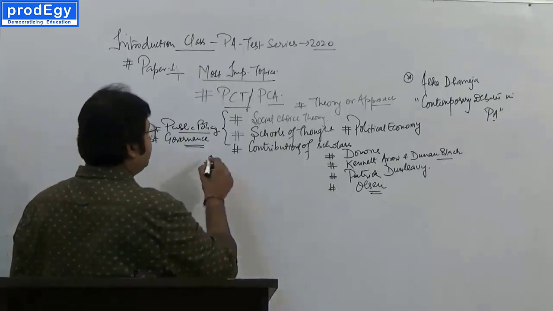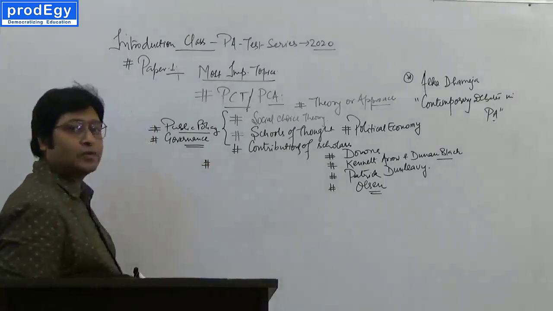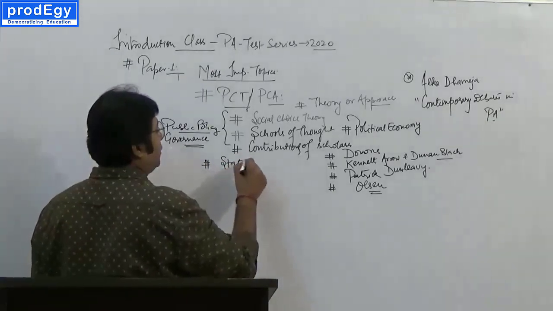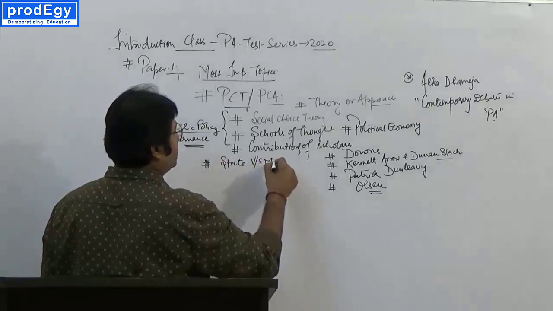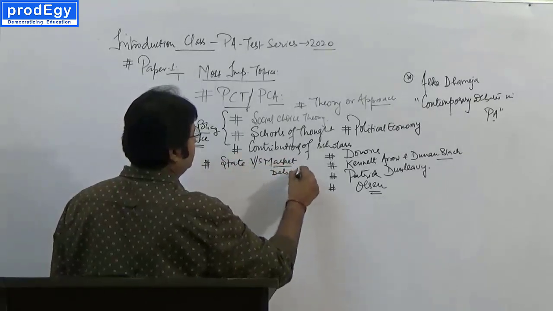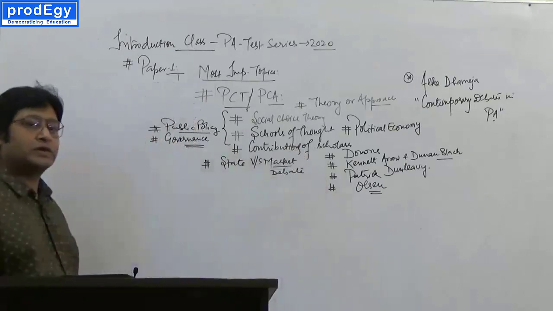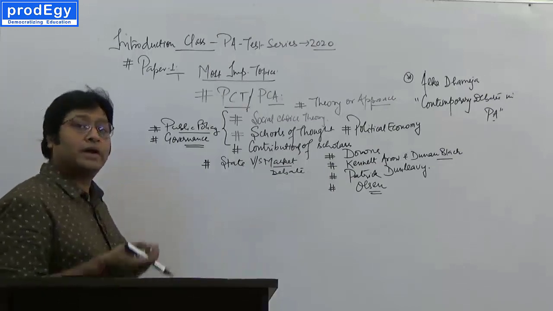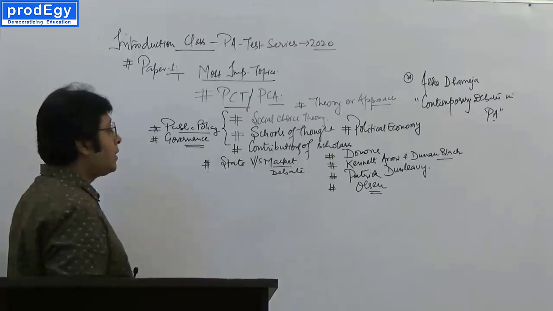And then when you study public choice approach, obviously you have to understand the state versus market debate. The state versus market debate, which became very prominent. What were the aspects, what were the criticisms of the public choice scholars, right?